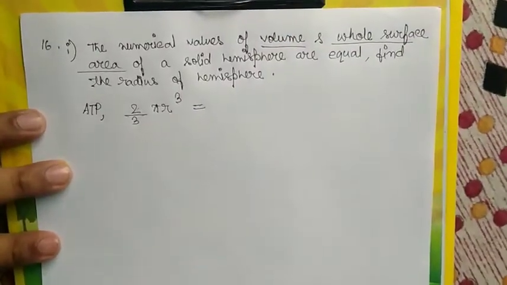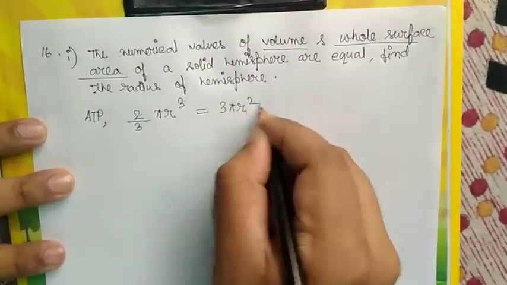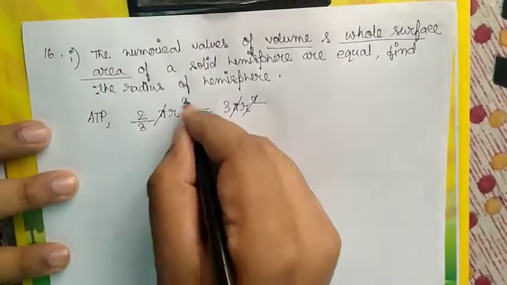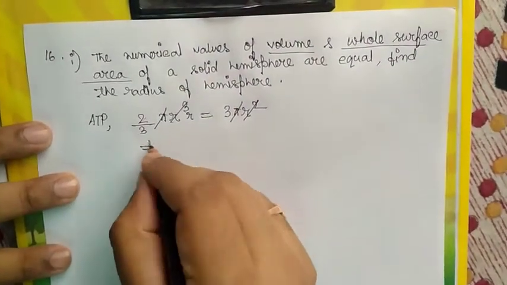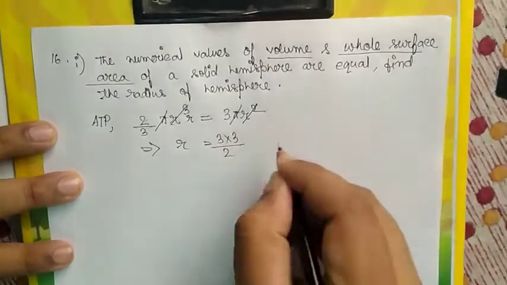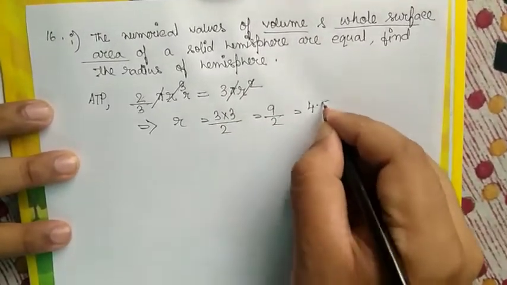The formula of whole surface area is 3 pi r square. So therefore eliminate pi and pi, r square and here r cube. So the remaining is here r. So r equal to 3 into 3 by 2 equal to 9 by 2 equal to 4.5 unit.